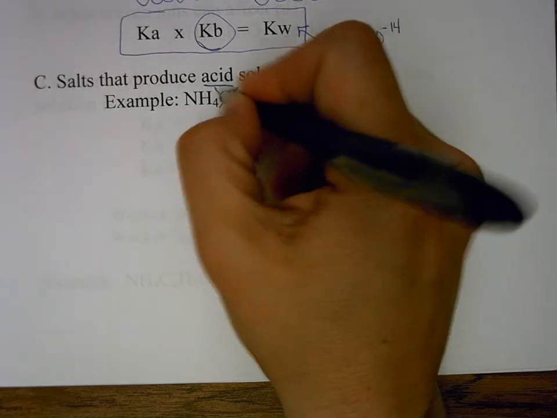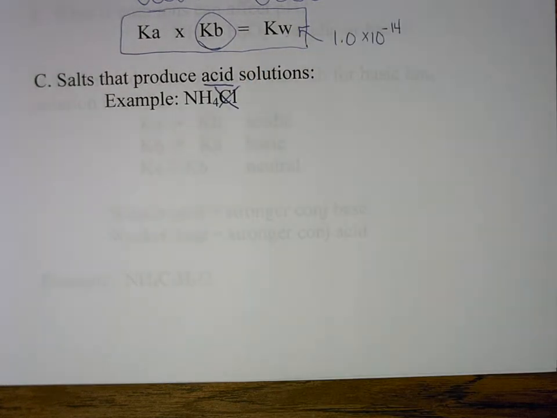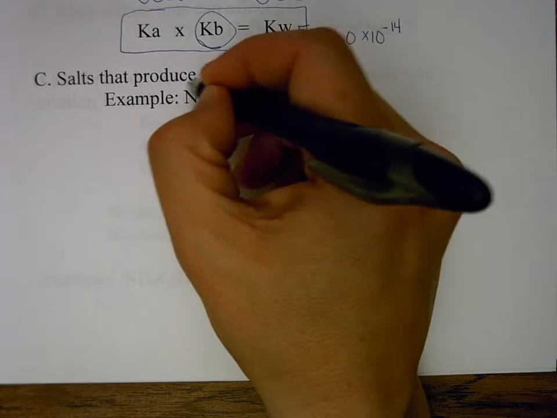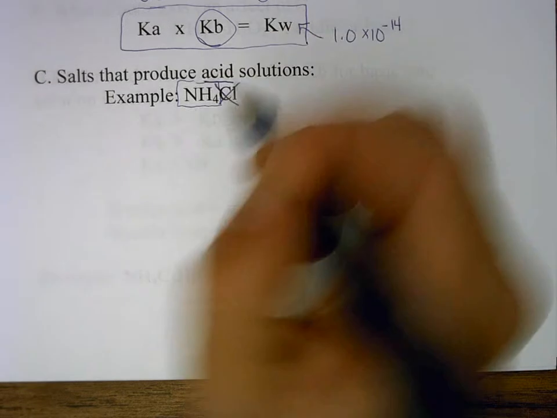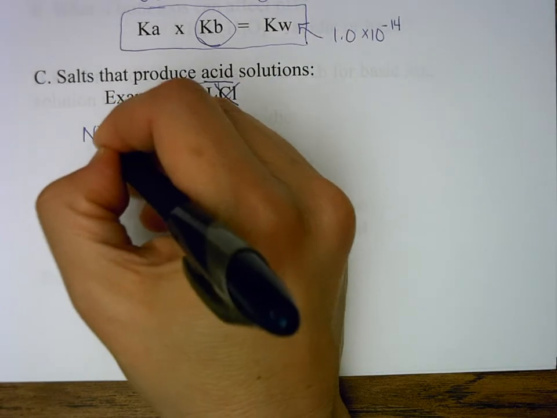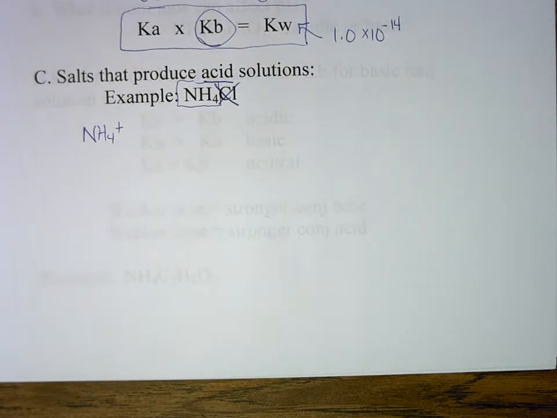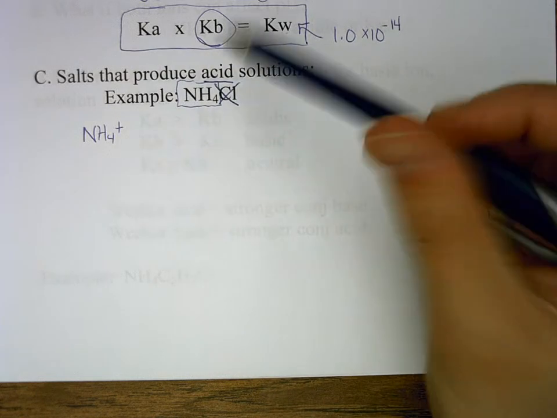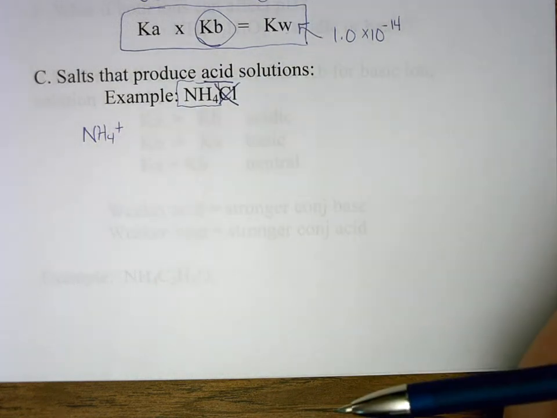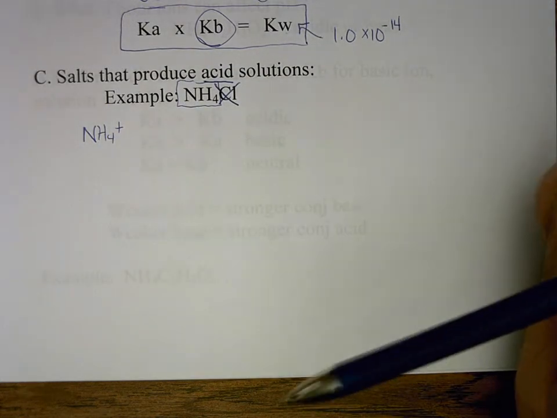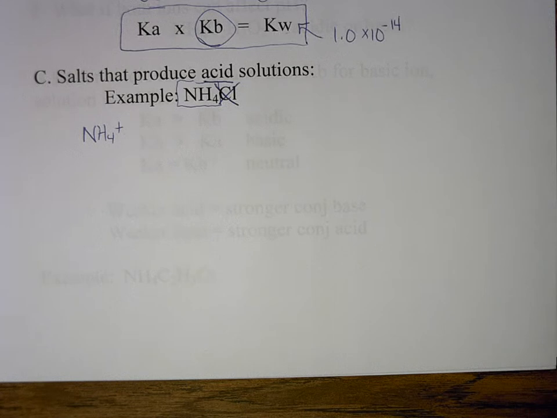Chloride ions do not affect the pH. Why? It's the anion of a strong acid, hydrochloric acid. I'm left with NH4. Now NH4, anything really, if it's positively charged and it's not one of those ones you can cross out, then it's going to make the solution acidic.